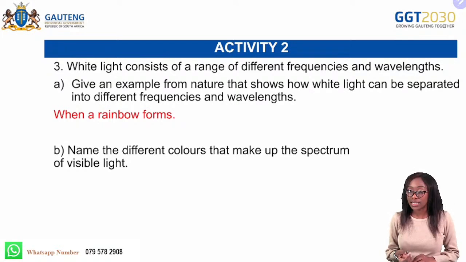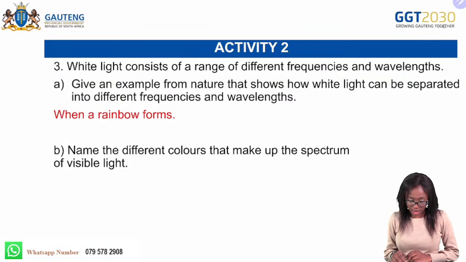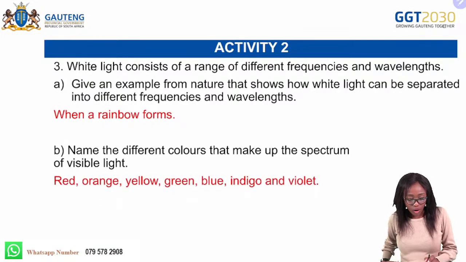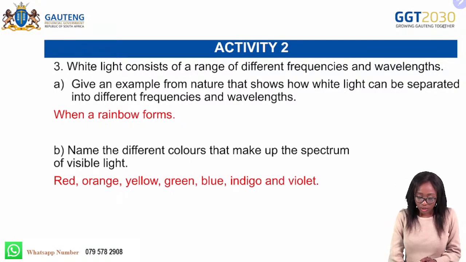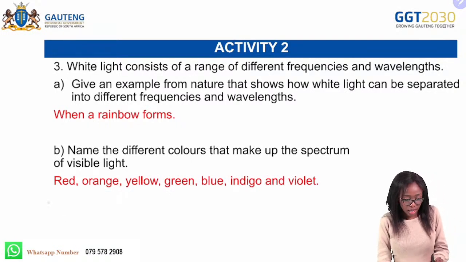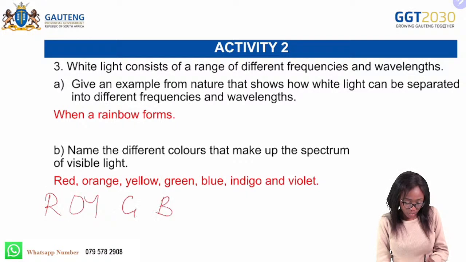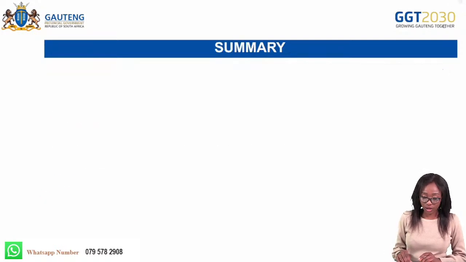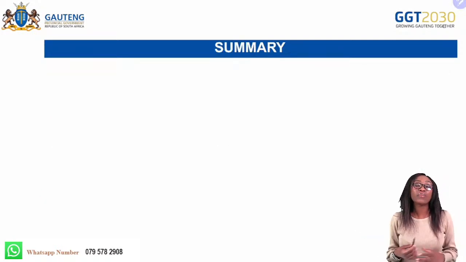So that is our nature example. And name the different colors that make up the spectrum of visible light: red, orange, yellow, green, blue, indigo, and violet. Don't forget the acronym. Roy G. Biv. Okay, so now let's wrap up our lesson.